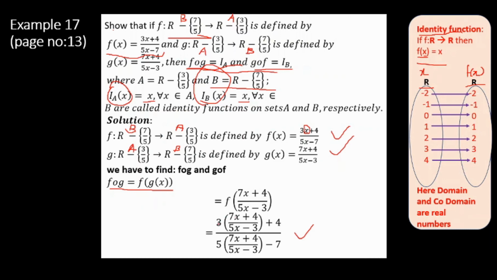And what is f? (3x+4)/(5x-7). So instead of x, we'll be substituting (7x+4)/(5x-3). When it is fog, you'll be operating what first? g, and then it will be followed by function f.